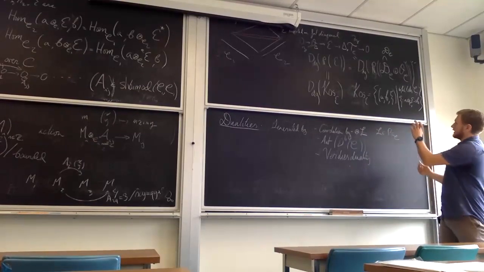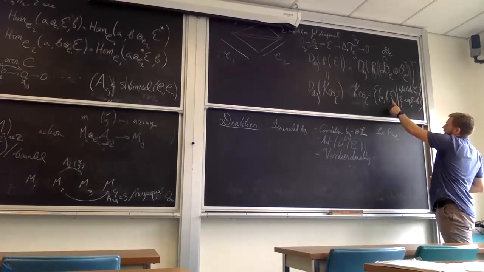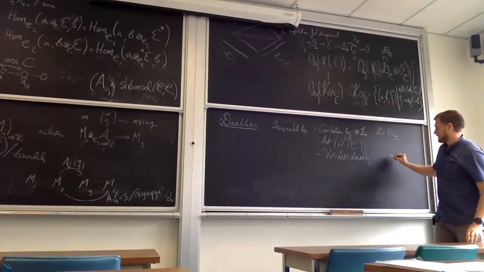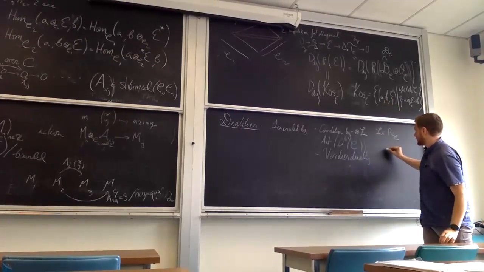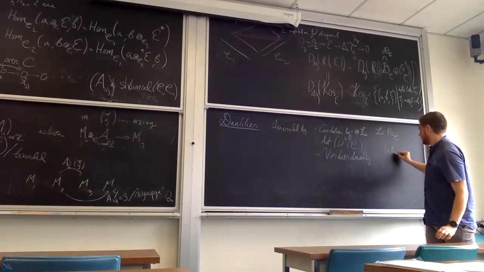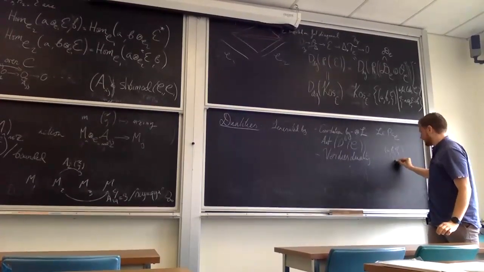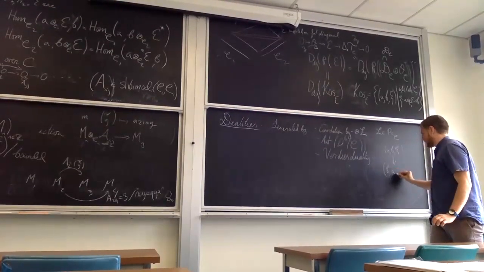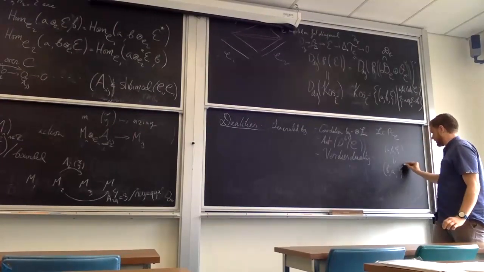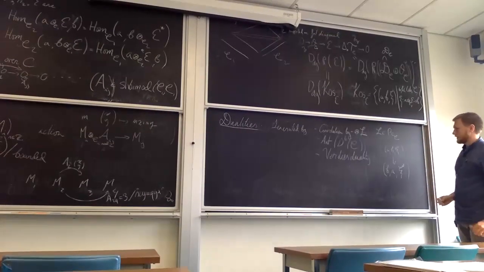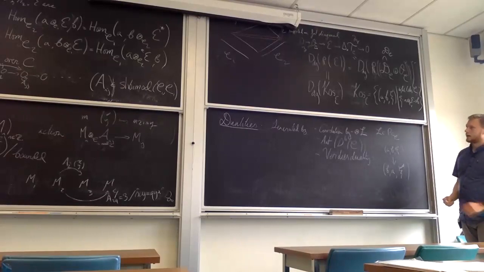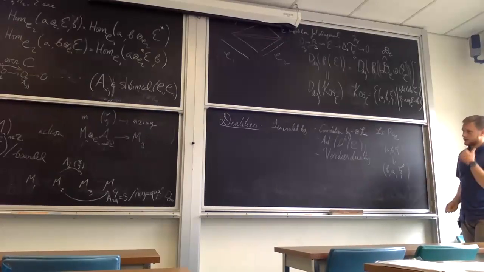It just takes (A, B, psi) to the corresponding adjoint. So we have (A, B, psi). It's mapped to (B, A, psi adjoint). And it gives autoequivalences for different choices.